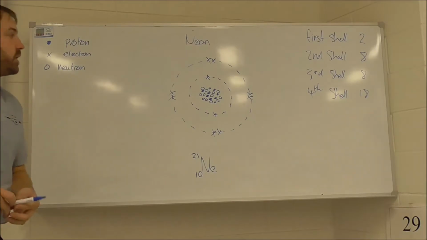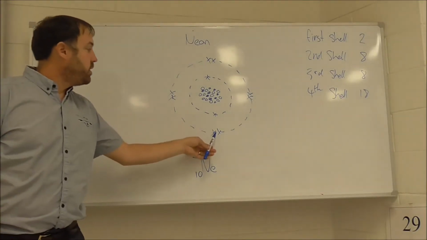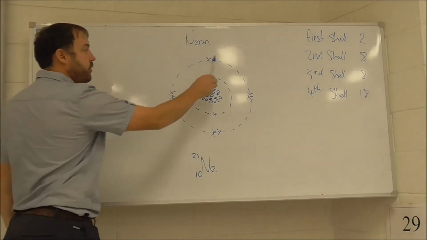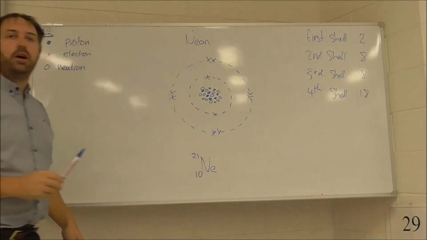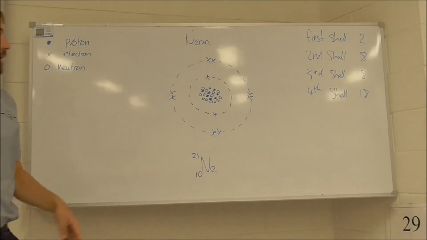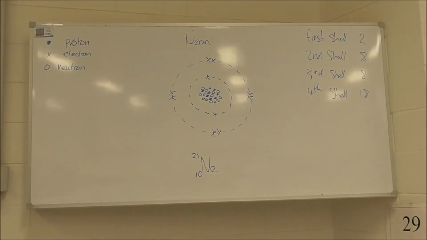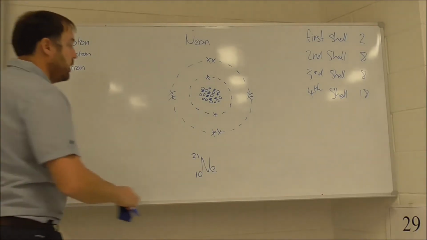The thing that you do need to know is that when you go up the atomic series, or up through the periodic table, as you increase the number of electrons in those outer shells, when you exceed that, you have to go to another shell. So the next atom after neon is sodium. Okay, and I can actually do this quite easily.